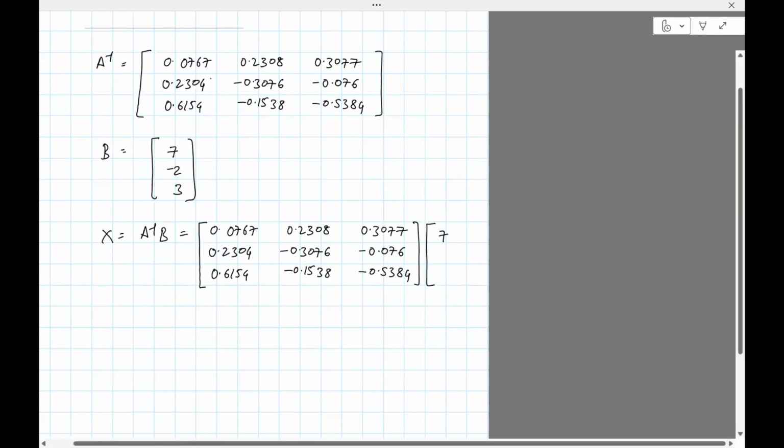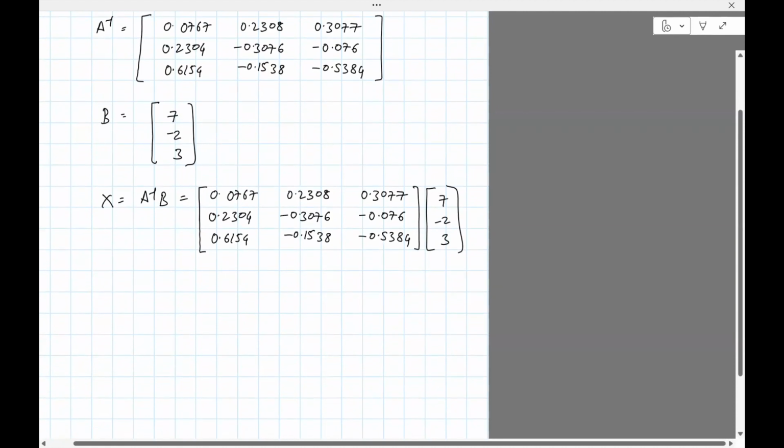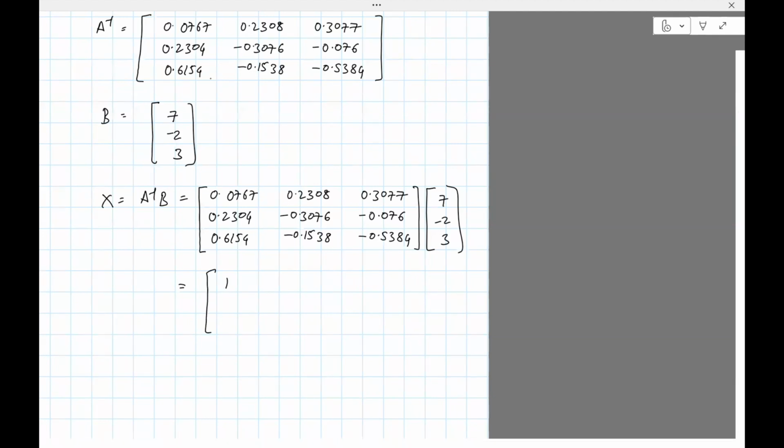B is 7, minus 2, 3. That multiplication is some work if you don't have a matrix calculator, but it comes out to be 1, 2, 3. I just wrote down 1, 2, 3, but I think it might actually give you something with decimal places.